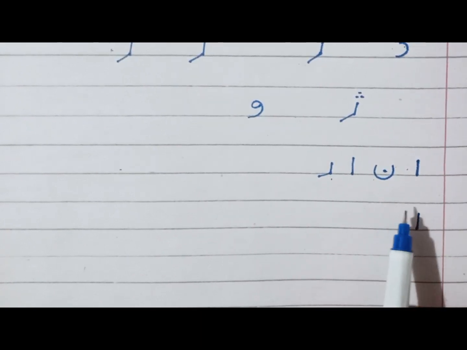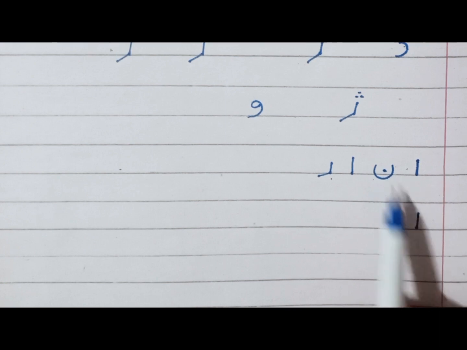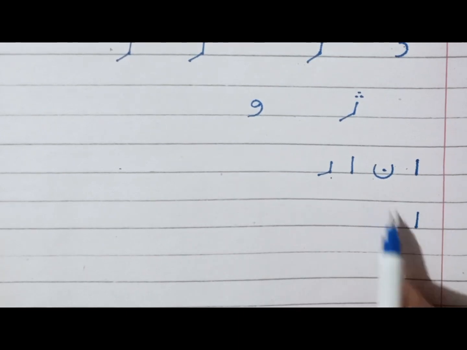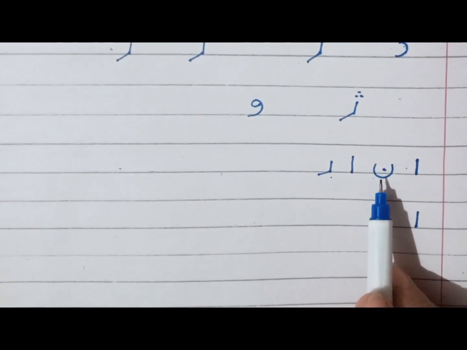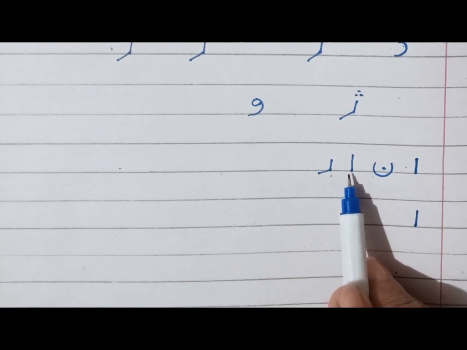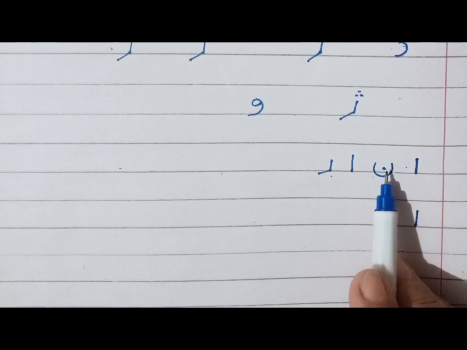And I told you that after alif, we cannot join any other letter. That's why we will not join noon with alif, because it comes after alif. Over here we will use the half shape of noon because we have to join this noon with the alif. Now look, this alif is not joined with this noon because here noon comes after alif.